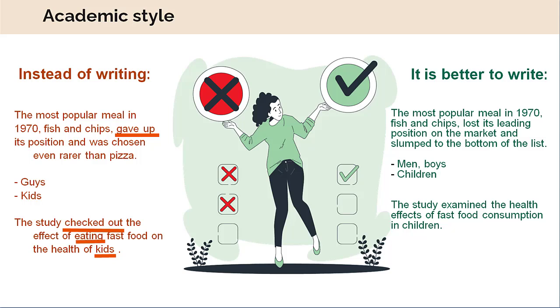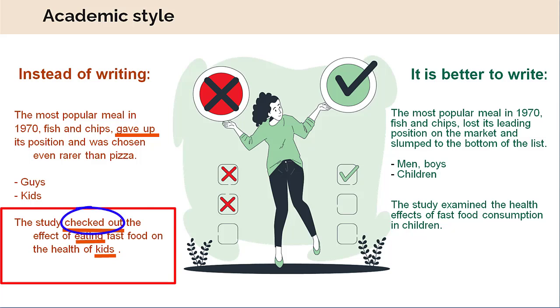Moreover, we also use some higher level vocabulary. Slumped, lost its leading position on the market. Again, the second example that we have here once again has a phrasal verb, check out. So the study checked out the effect of eating fast food on the health of kids.